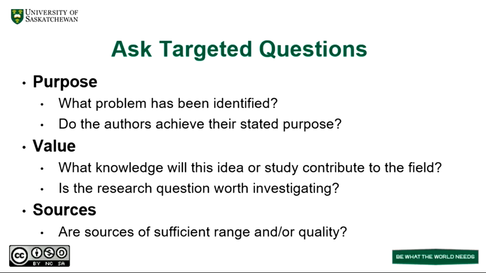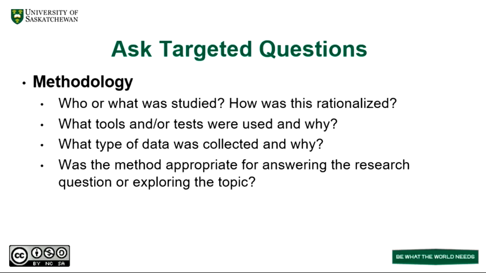You might take a look at the sources that someone else has used on which to base or justify their research, and really interrogate whether or not there's a sufficient range or quality of sources that the authors have used. And then you might ask questions about methodology.